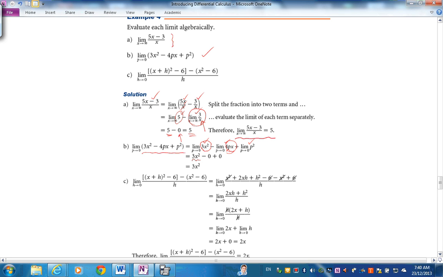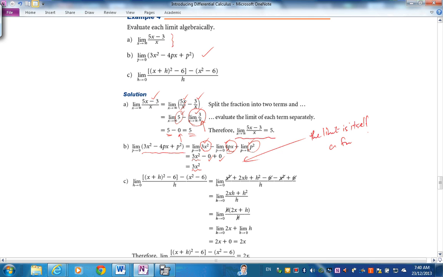Looking at what this is doing as p tends to 0, it's going to tend to 0. What's this going to do if p tends to 0? It's going to tend to 0. So this function tends to 3x squared. So the limit of a function doesn't have to be an actual value. It could itself be a function. The limit here is itself a function.